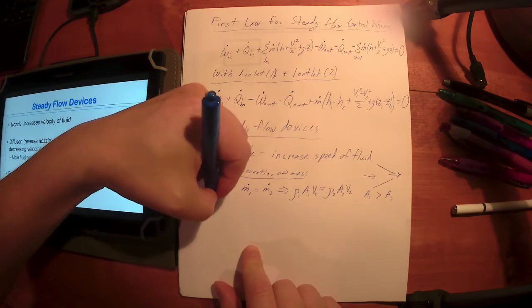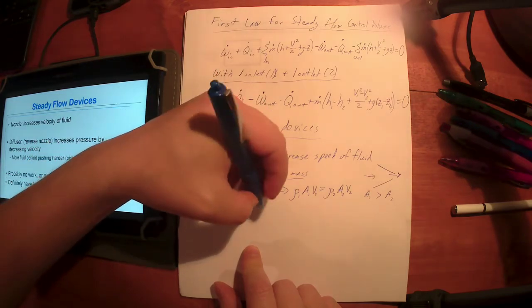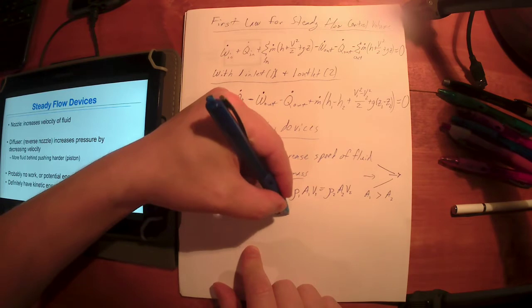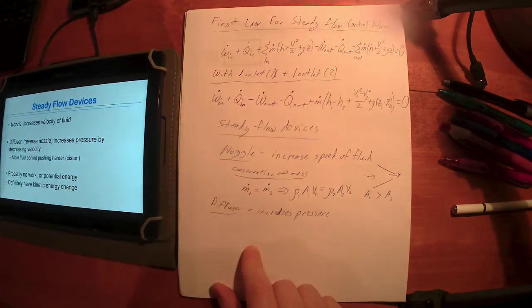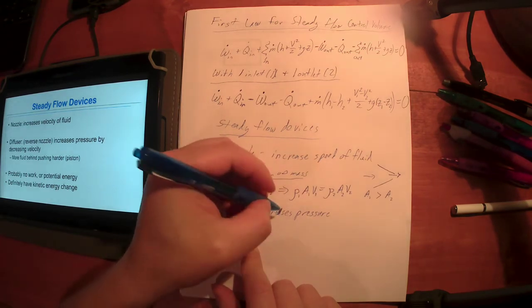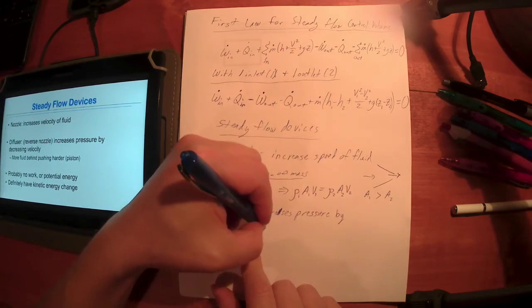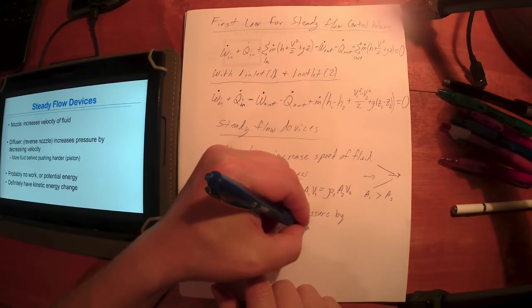The purpose of a diffuser is kind of the reverse of a nozzle, but really the purpose of a diffuser is to increase the pressure. So it increases the pressure, and the way it increases the pressure is by decreasing the speed.